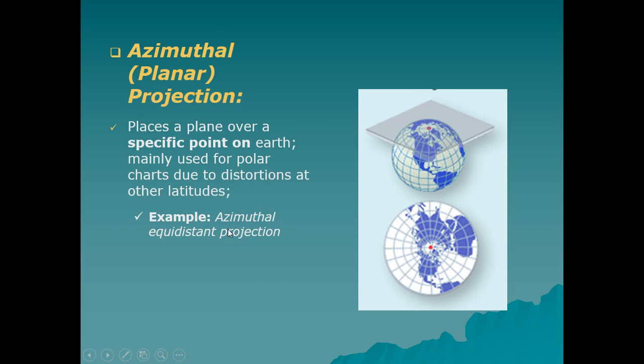An example of this is the azimuthal equidistant projection. So this is what the projection process would look like, and this is the resultant map. This point here, at what appears to be the North Pole, is where you would have greatest accuracy.